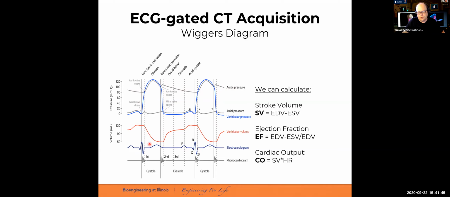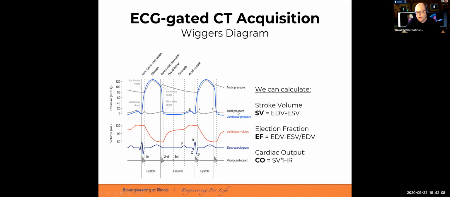Based on this, you can see the QRS peak, which comes from the electrocardiogram. This is the beginning of the phase where there is an increase in the ventricular pressure, which is associated with a decrease in the volume, and then there is the next cycle and so on.